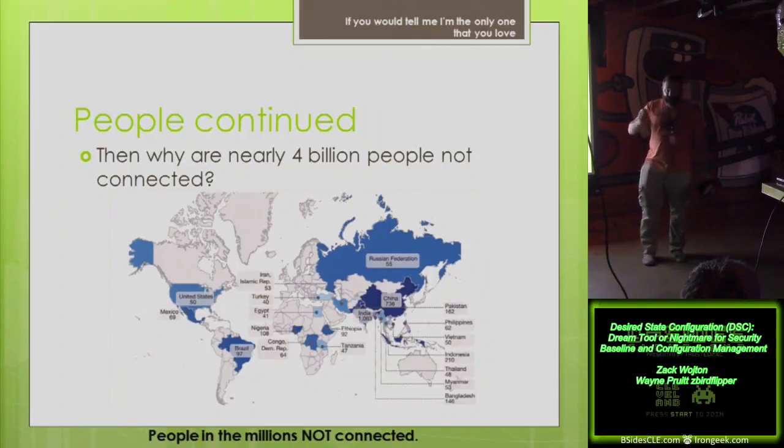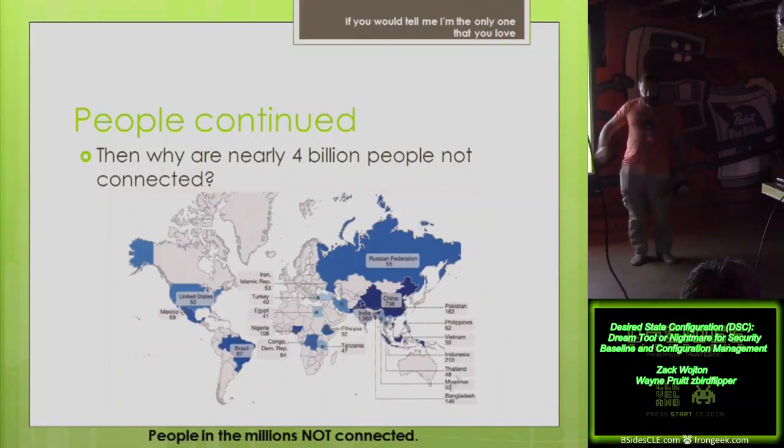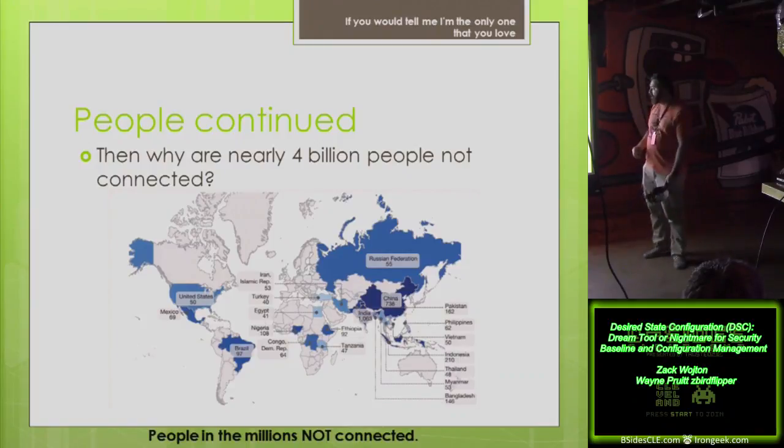It would be an injustice not to connect them, and we are in a rush to connect them. Africa's blowing up, all these underpopulated third world countries, we're dumping connectivity on them. It's an injustice not to be secure when we hand them any type of connectivity. I think it's completely wrong that we're rushing out connectivity without it being secure. Can DSC help? Yeah, it can.